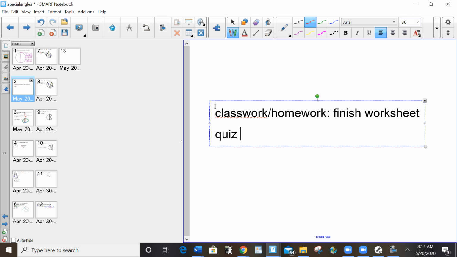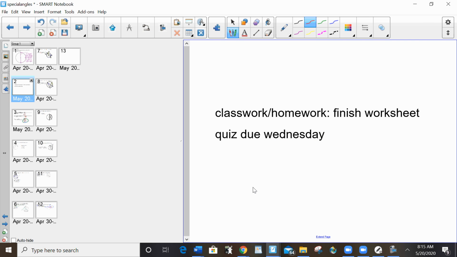Tuesday you will have to practice this as well, so the quiz will be due on Wednesday. I would not wait till Wednesday, I would just get it done now when you're doing this lesson, but it will be due on Wednesday, and on Wednesday we will do proofs utilizing these rules. 2 days on Wednesday and Thursday for congruent, 2 days on Friday and the following Monday for similar. And we're getting really close to finishing new material.